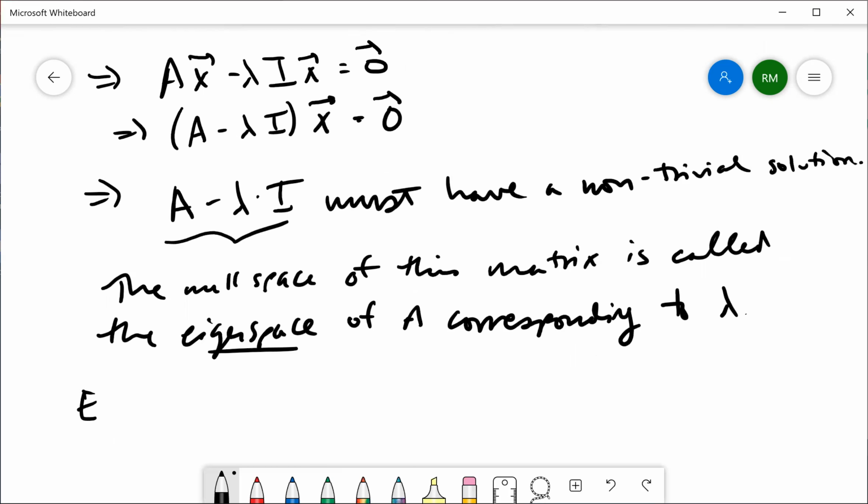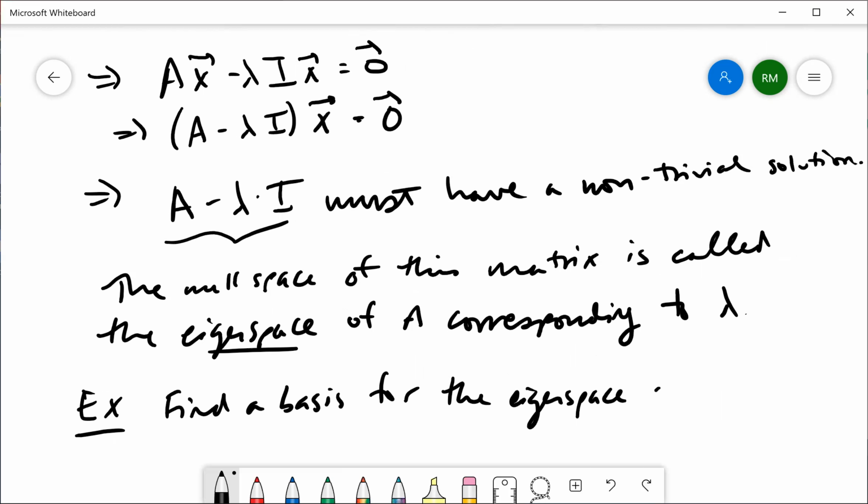So let's do the following. Let's find a basis for the eigenspace corresponding to lambda for the following matrices.